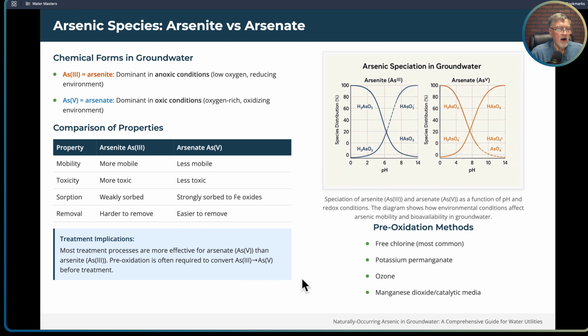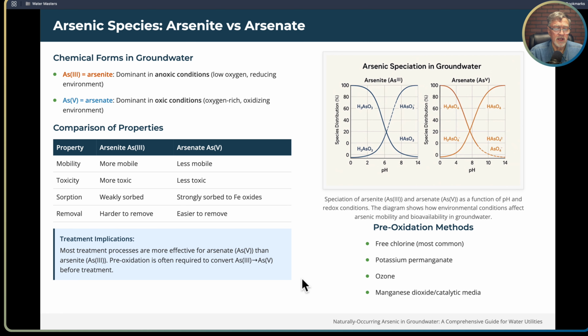Arsenic 5, which is arsenate, tends to dominate in oxic conditions, which are oxygen rich, oxidizing environments. And so they can flip back and forth a little bit depending on the pH and the redox boundary.